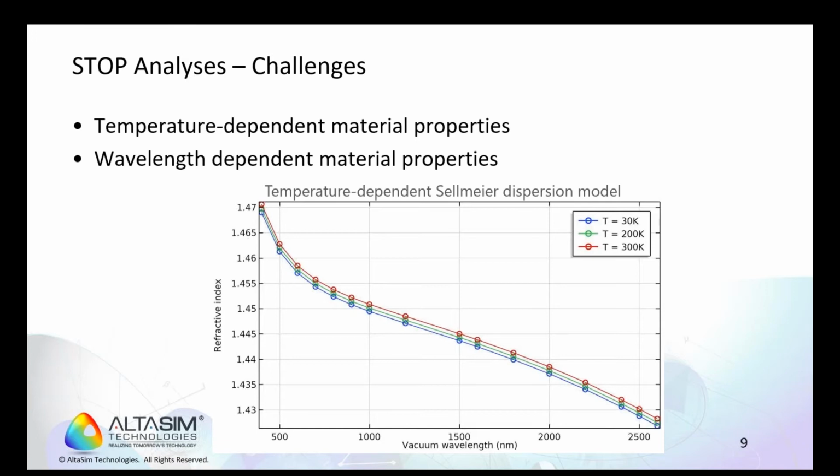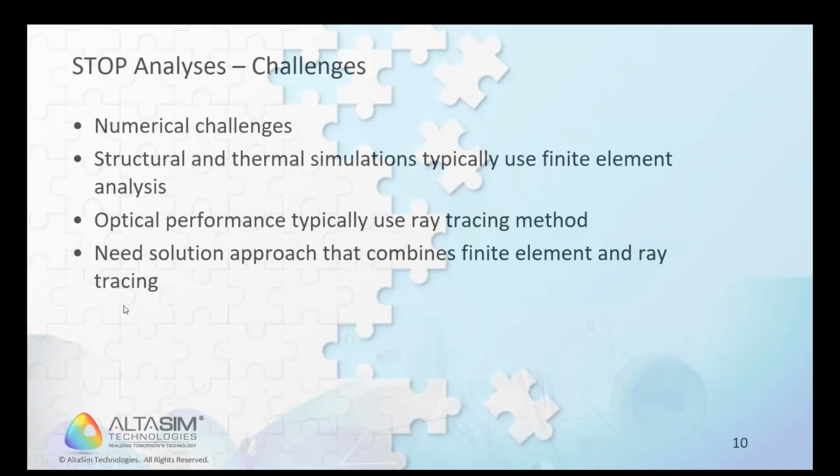Now, the last set of challenges that I want to mention are really more in the category of numerical challenges. I've mentioned the challenges associated with the physics in a STOP analysis, but when you do a simulation, there are challenges associated with the simulation. Structural and thermal simulations typically use a numerical method called the finite element method, and the software uses that to solve the equations of the thermal and the structural physics.